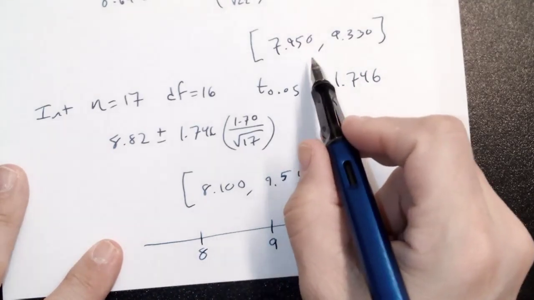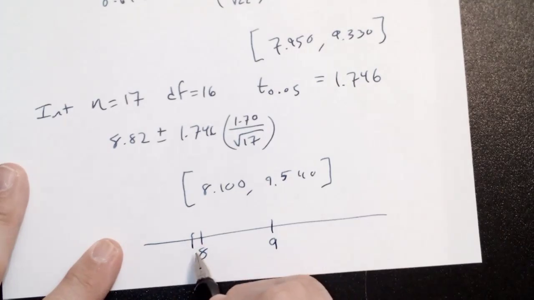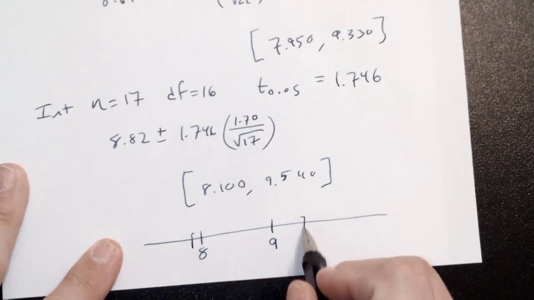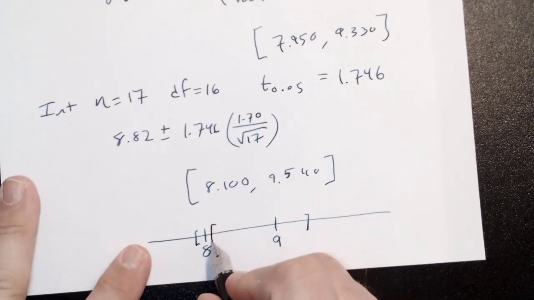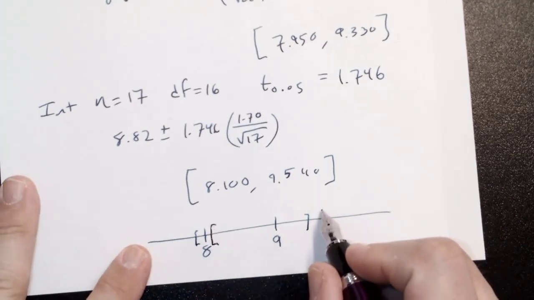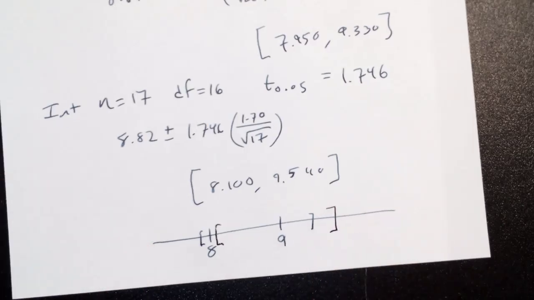goes from 7.95 to 9.33. So there's interval number one. Interval number two goes from 8.1 to 9.54. There's a whole lot of overlap in there, isn't there?